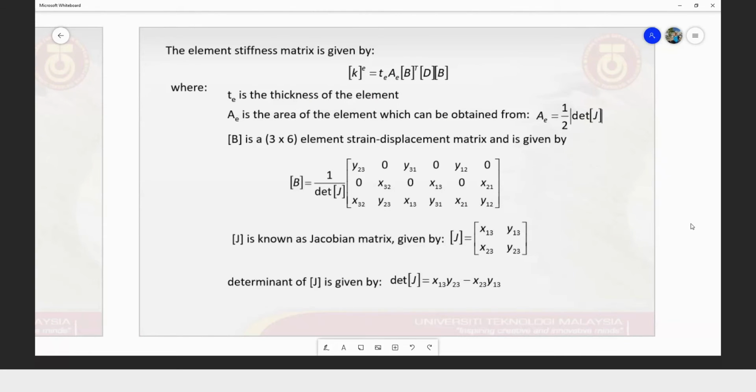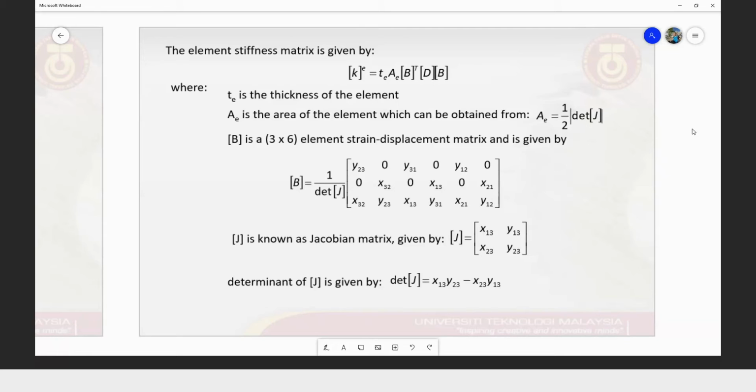In order to determine the element stiffness matrix, the CST finite element approach requires us to do the matrix multiplication as shown in the slide.